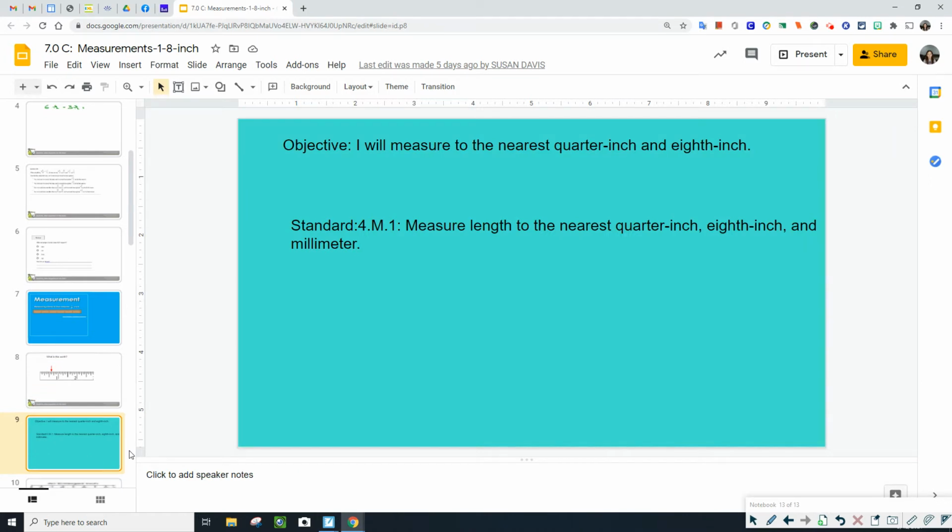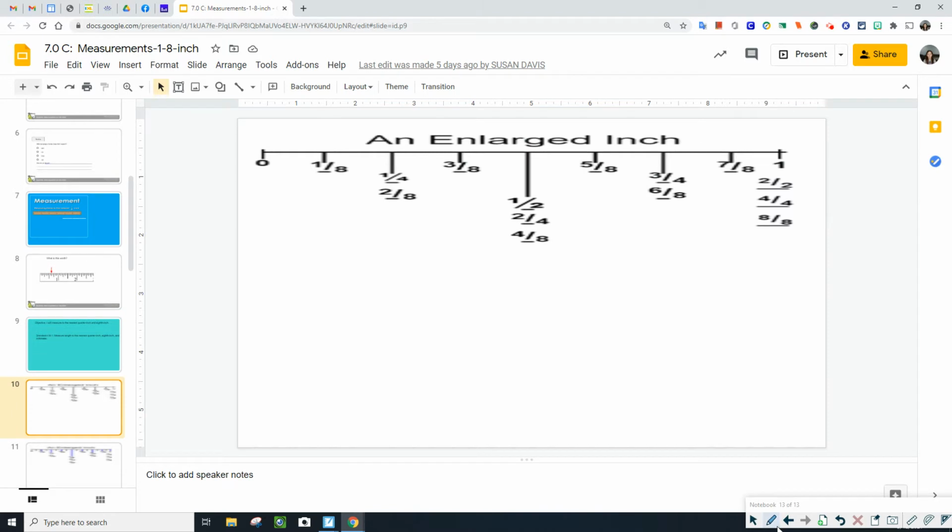So our objective today is measuring to the nearest quarter inch, which is your 1/4 of an inch, and we're also going to be looking at your 1/8 of an inch. Let's take a look at this. This is an enlarged inch. Obviously an inch is much, much smaller than from the 0 to 1, but this is enlarged so it gives you a chance to really see the values. That first bigger line after the 0 is your 1/8, and then every other bigger line is going to be another eighth: 1/8, 2/8, 3/8, 4/8, 5/8, 6/8, 7/8, 8/8, which is the same as your whole.